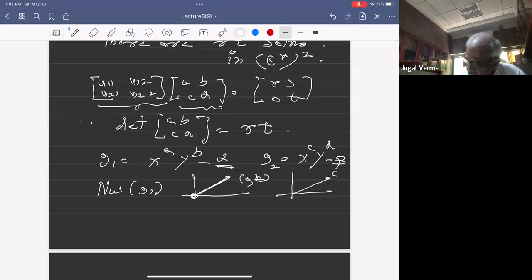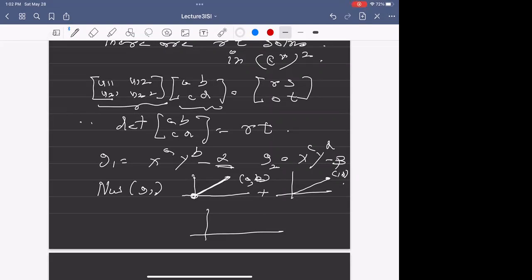I take this point CD. When I take the Minkowski sum, what do I get? If I take these two inclined line segments, what is their Minkowski sum?